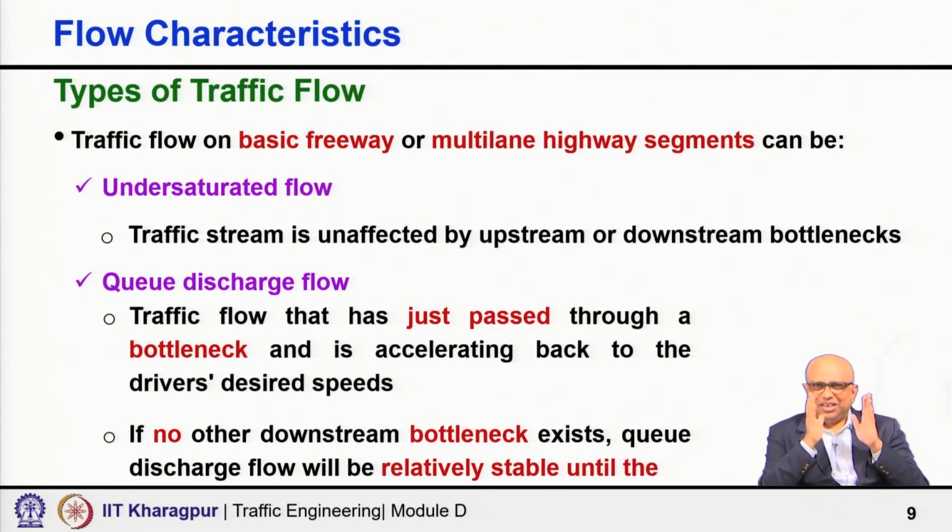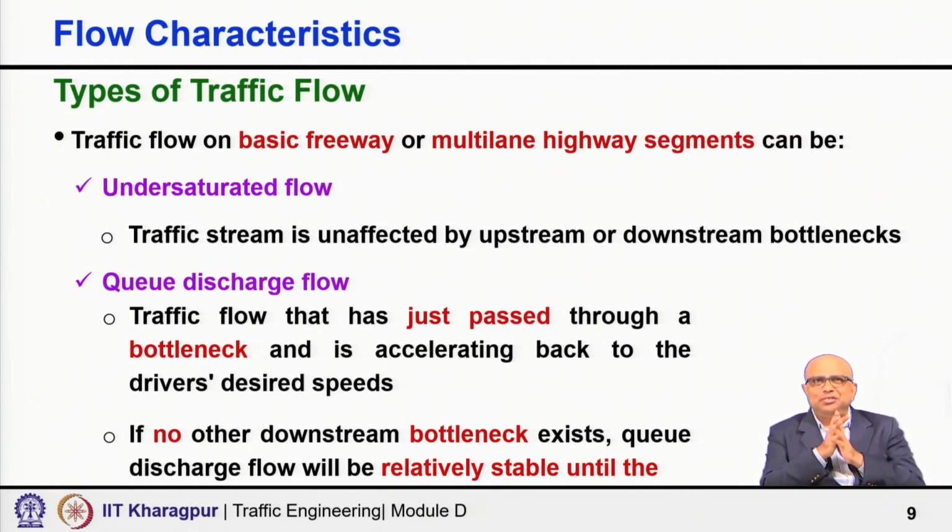So, there will be a queue in section A, starting from the junction of section A and section B. Section B is now the 2-lane road, and the queue will proceed towards upstream of section A.